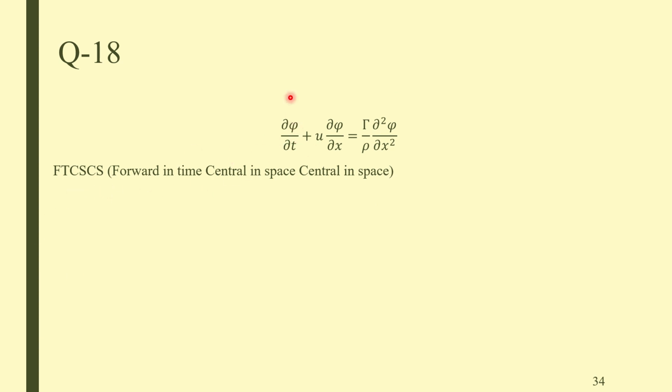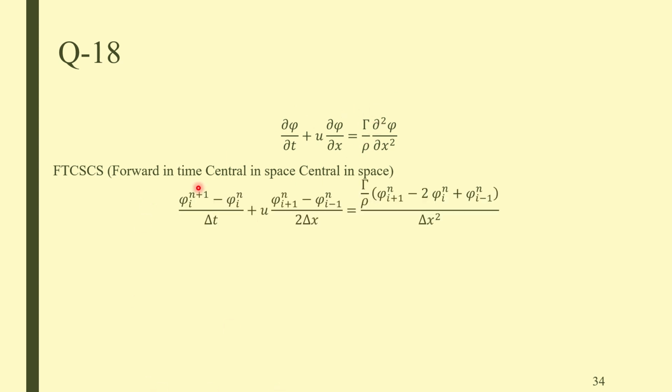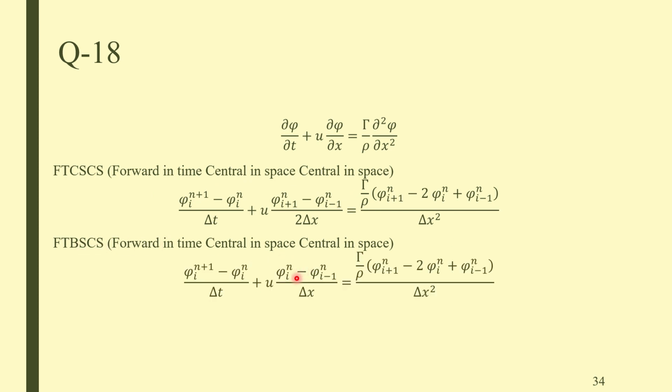So here we are having one time derivative, one space derivative, and two space derivatives and one time derivative. So with forward time we have this equation and this is central space and this is central space. And for forward in time, backward in space and central in space, we would be having f of I minus 1 divided by delta x, and this is central in space.